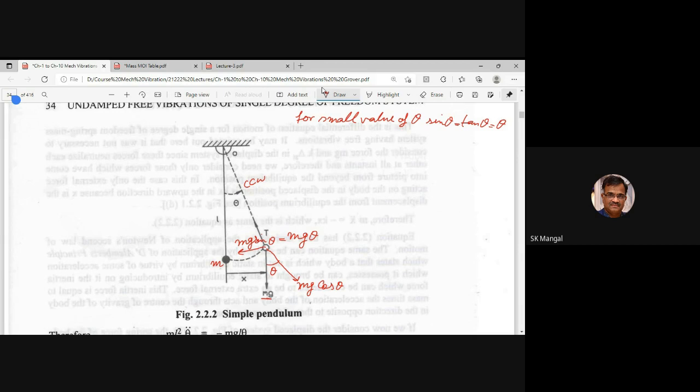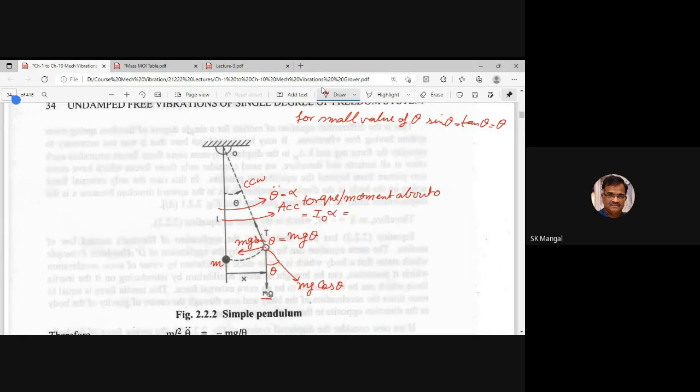Now when I rotate this by theta, you will be having an angular acceleration given by theta double dot, nothing but alpha. Then you are having an accelerating torque or moment about O given by I about O into alpha.